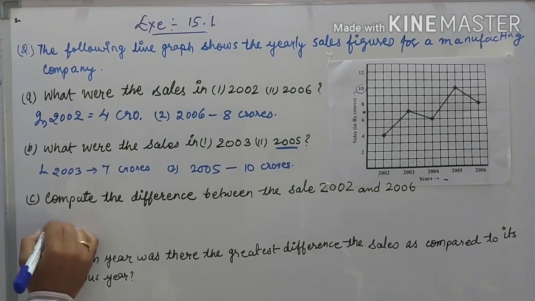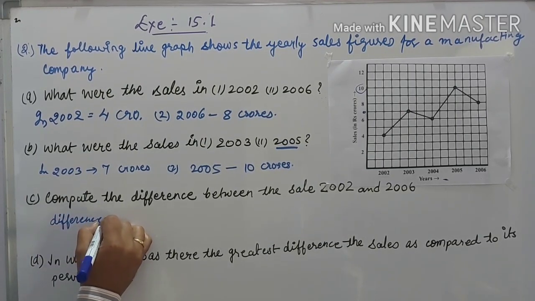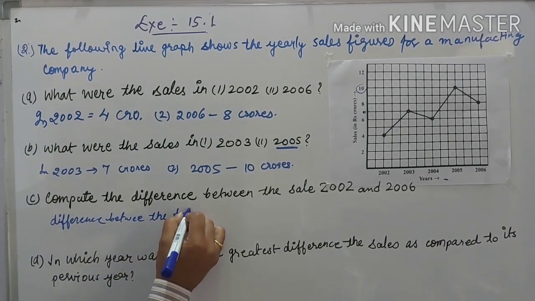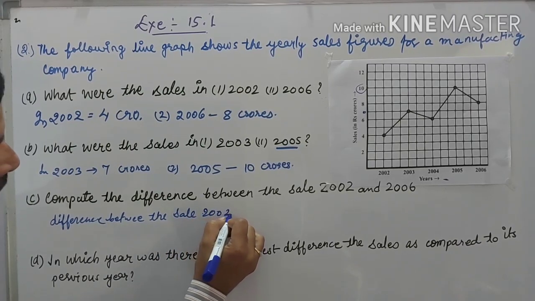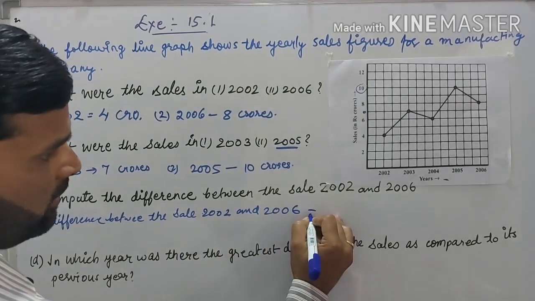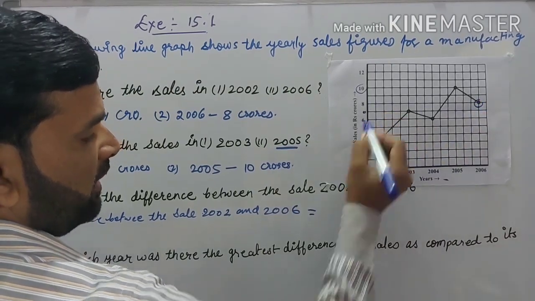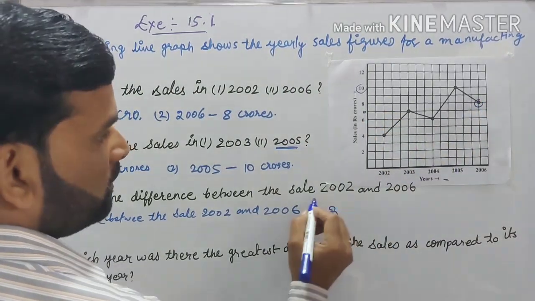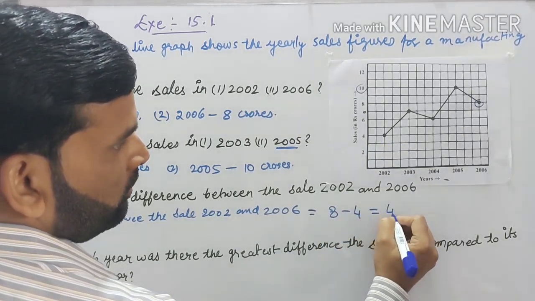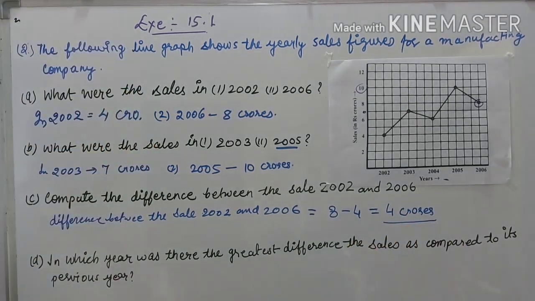In 2006 the sale is 8 crore and in 2002 it is 4. 8 minus 4 is equal to 4. The sale is in crore units, so the answer is 4 crore units.